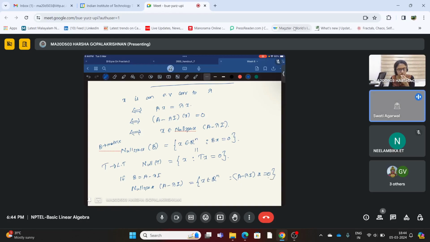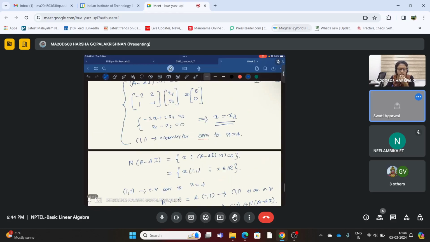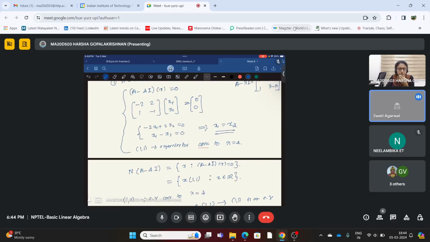So when we have this matrix and we reduce it to the reduced row echelon form, one of the rows becomes completely zero because we saw that the rows were identical. Yes. So from there I understood that one row is zero, so the rank is one and the dimension of the null space is also one, right?